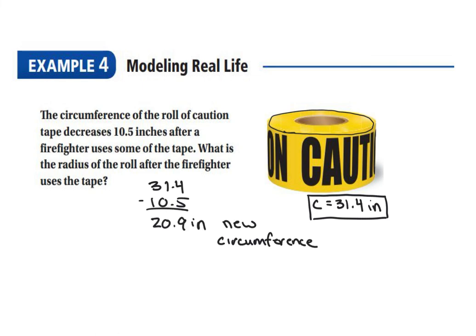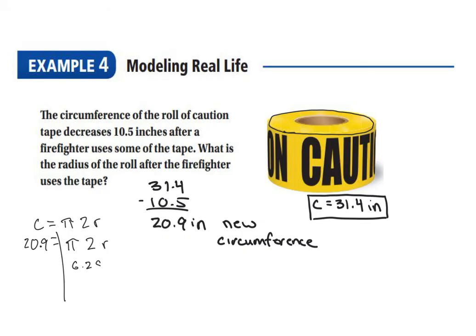And obviously the roll itself is going to be a little bit smaller now. So now we'll use our equation. Circumference equals pi times 2 times the radius. We know that our new circumference is 20.9 equals pi times 2 times the radius. So now we're just going to solve. 3.14 times 2 is 6.28.